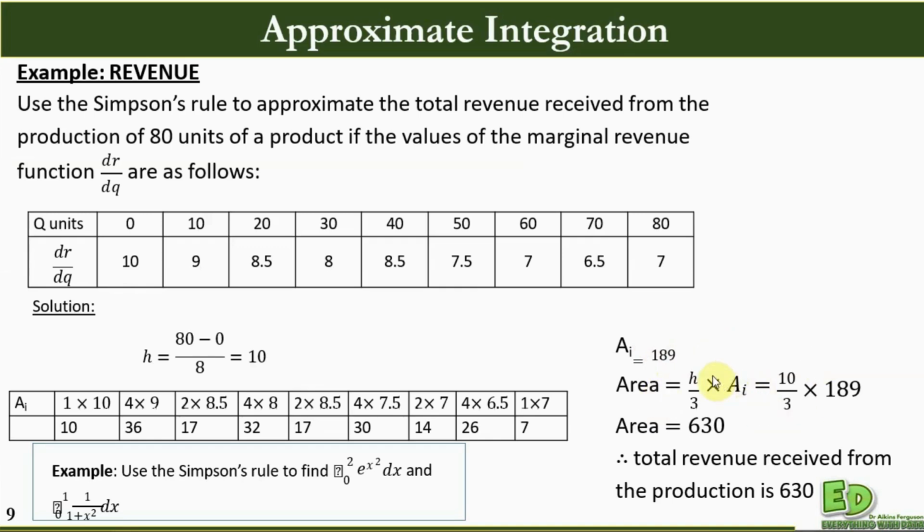So the h, which is the width, we had 10. That is 10 over 3 times 189. And that should give you an approximate value of 630. So approximately equal to 630. It means that the total revenue from the production of the 80 units of a product, right, is 630, maybe Ghana cedis or dollars, right?